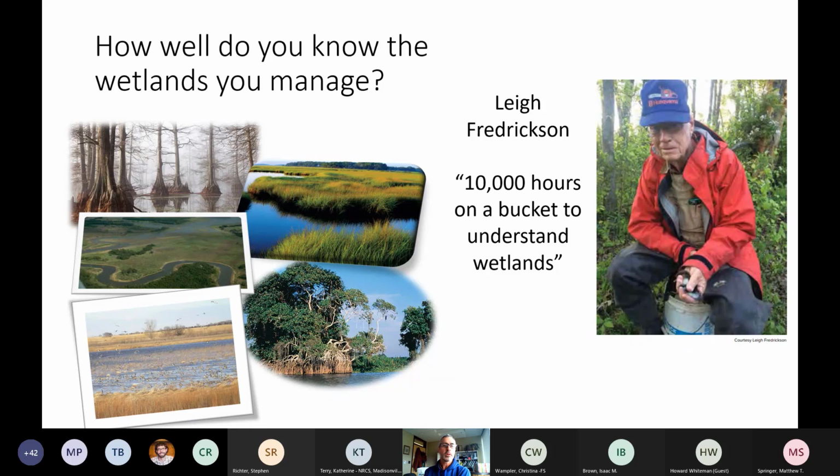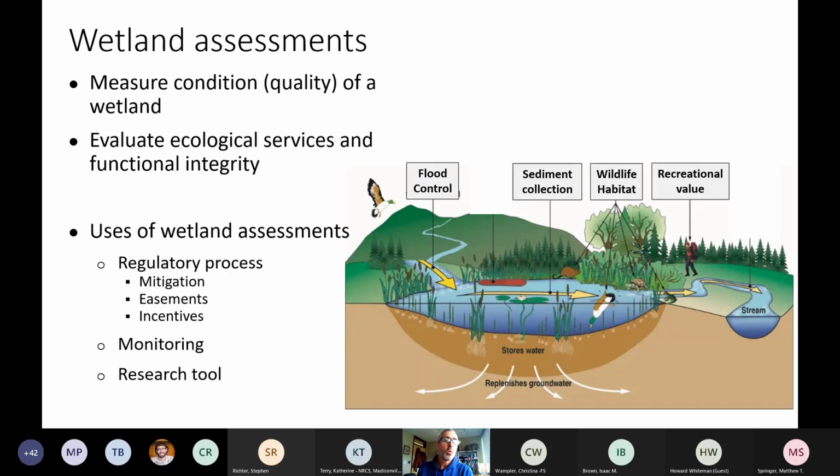And usually we're in a situation where we need to quickly learn about a wetland. We need to, in a short amount of time, assess that wetland and the condition or quality of the wetland. So wetland assessments do just that. They measure the condition or quality or the functional integrity of a wetland. And these can be used in a variety of situations.